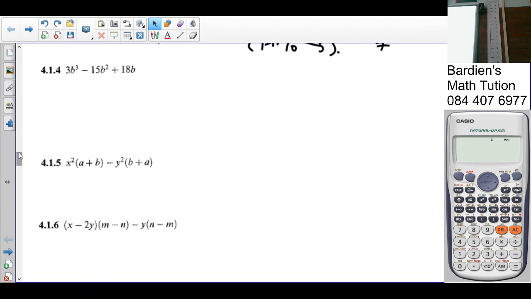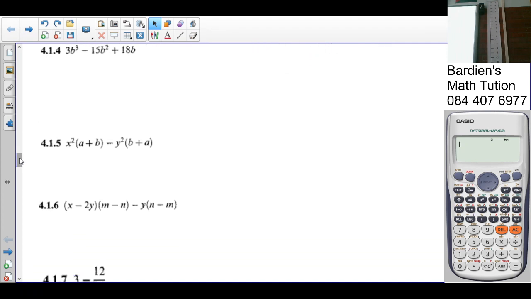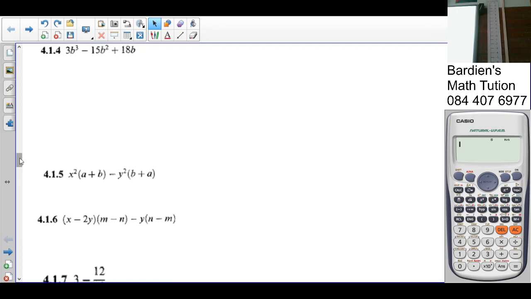Let's look at question 4.1.4. So you've got 3b cubed minus 15b squared plus 18b. Common factor of 3b.